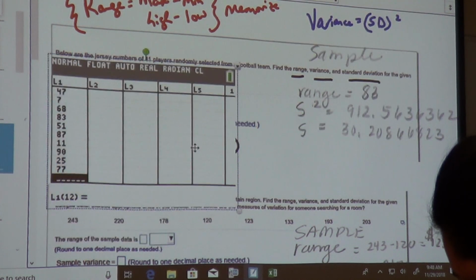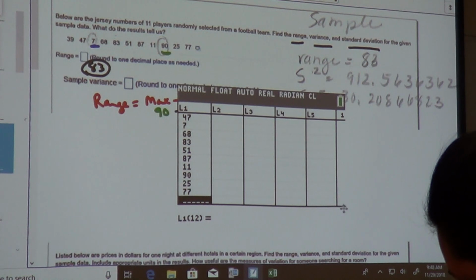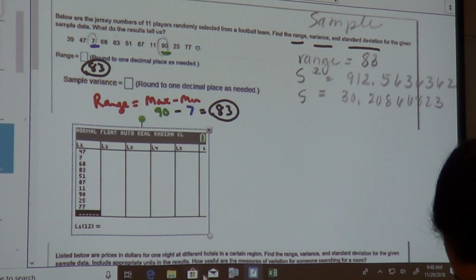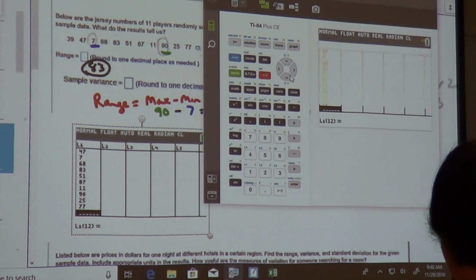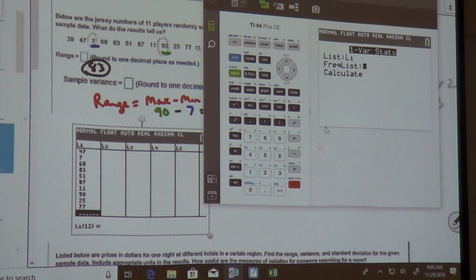Okay, and I'm just going to move this down so we can see what I'm doing. I did stat edit, I typed it in, and now I'm going to do stat calc 1 var stats. I'm only leaving L1 in there because I only have one list.